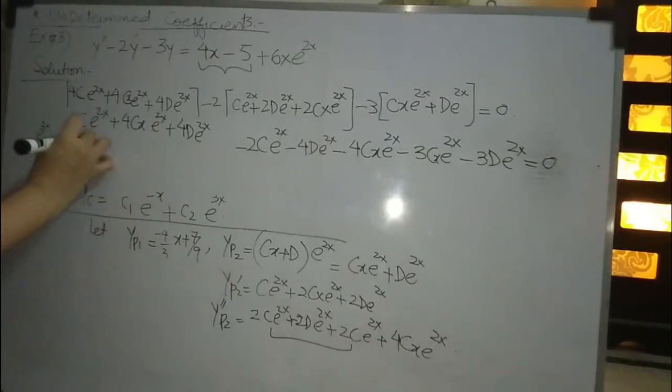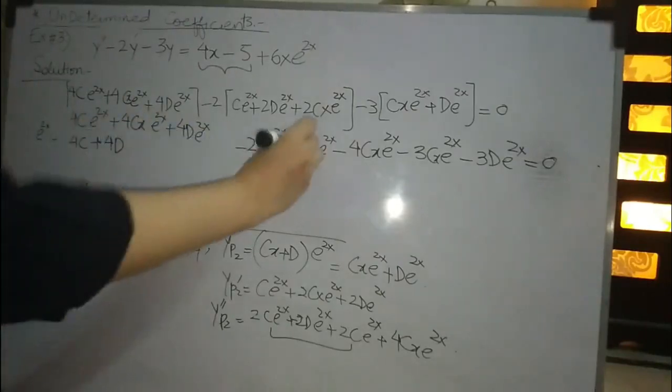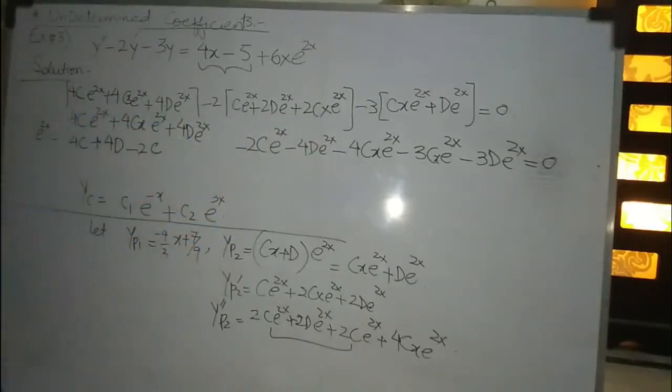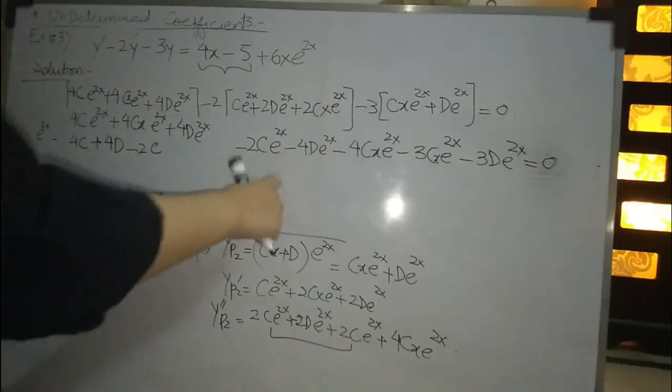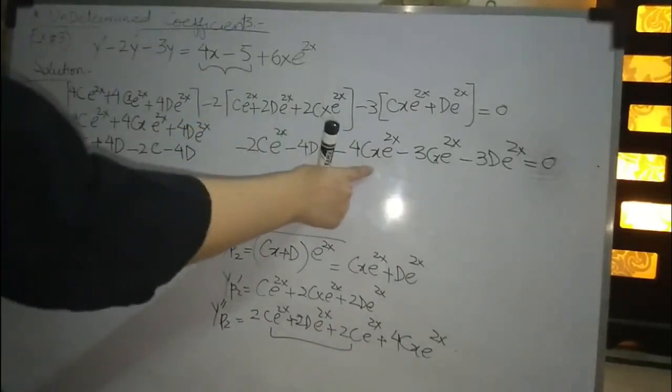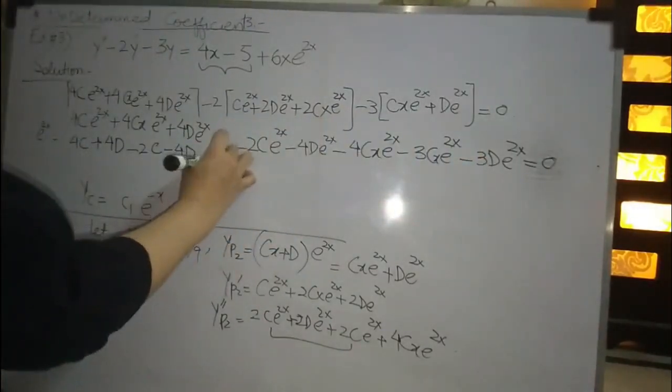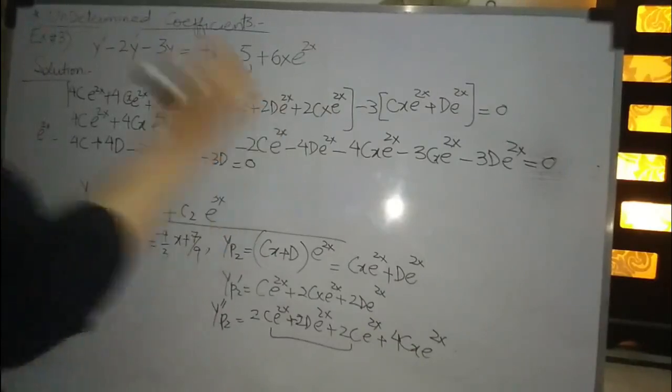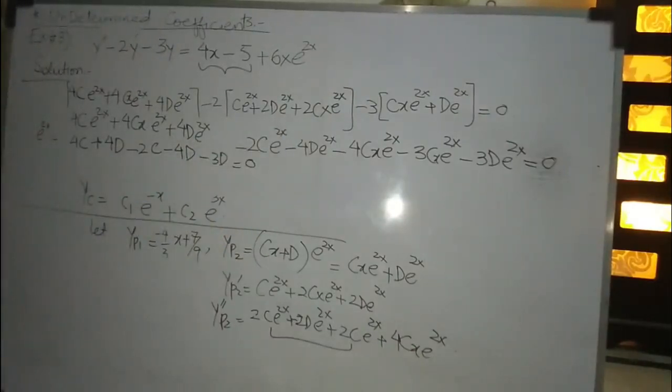So that becomes 4c and also plus 4d minus 2c minus 4d and minus 3d equals to 0. So that becomes 4c minus 2c.